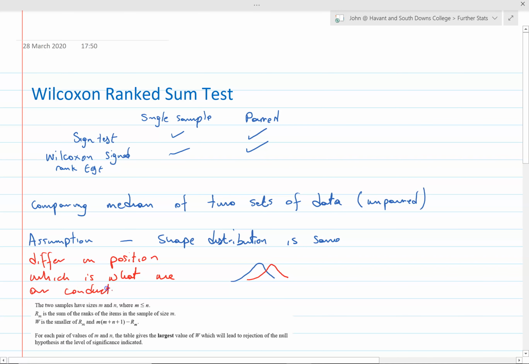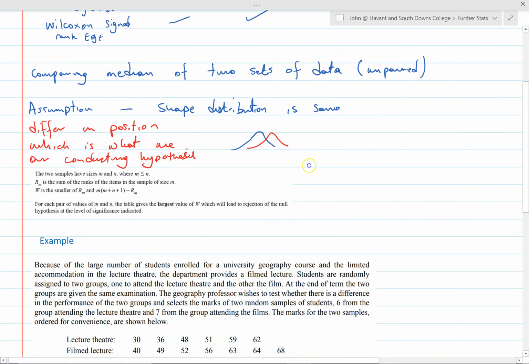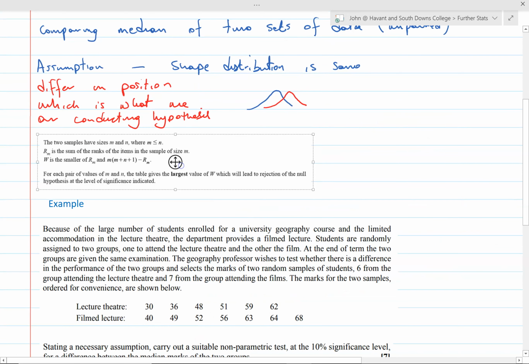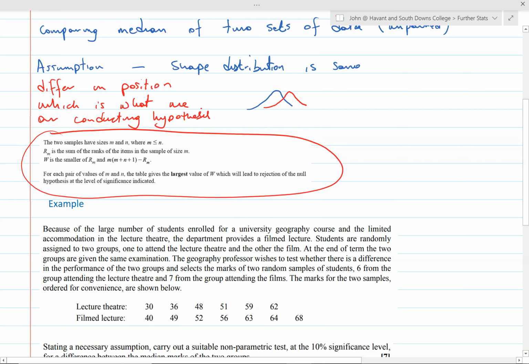Okay, now thankfully the process is explained. This is for further maths again. If you're doing further maths OCR, the process is explained in the formula book with the tables. It's a little bit to remember, but not really too bad, because we are given a kind of crib sheet to work from.